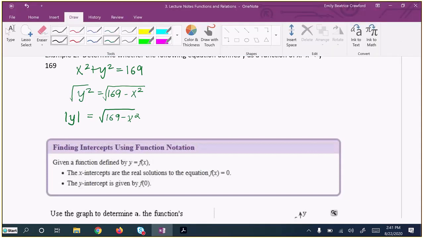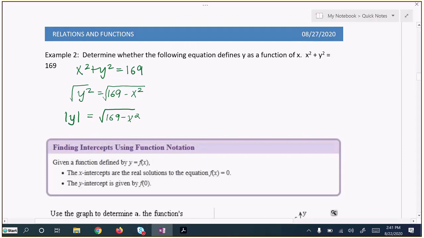But the end result is the same, because absolute value of y being equal to square root of 169 minus x squared means y is equal to square root of 169 minus x squared, or y is equal to minus square root of 169 minus x squared.